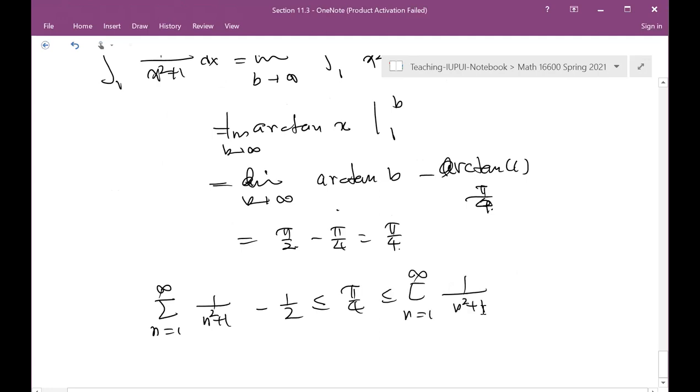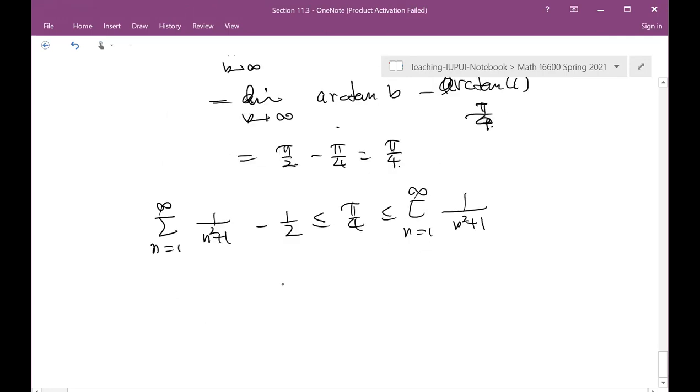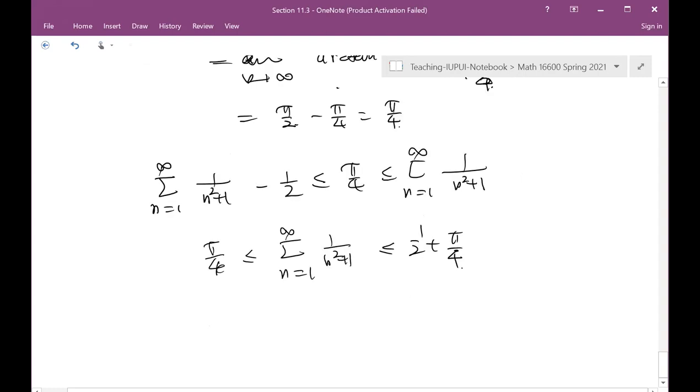In other words, you can rewrite this: this is greater than pi over 4 using the inequality on the right hand side, and this is less than or equal to 1/2 plus pi over 4. So you get an estimate. Not only do you prove this convergent, you can also get an estimate. This is the power of an integral test.